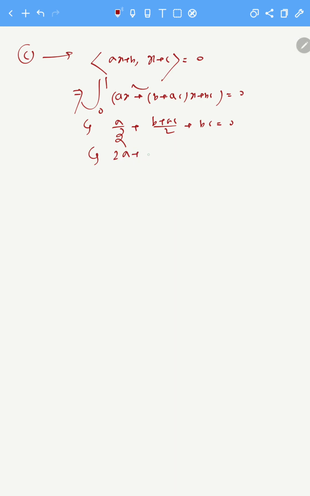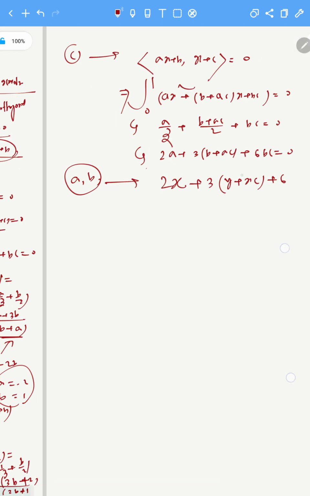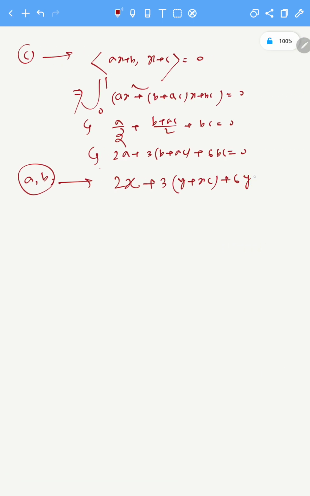Then 2a plus 3b plus ac plus 6bc equals 0. So a and b are the solutions of the equation 2x plus 3y plus xc plus 6yc equals 0. It's a linear equation, and of course it will have infinitely many solutions.